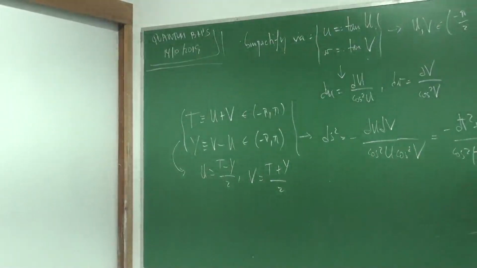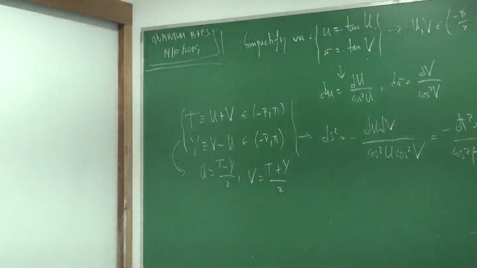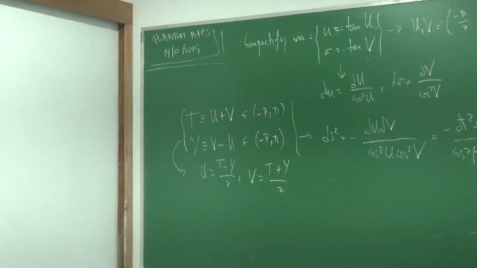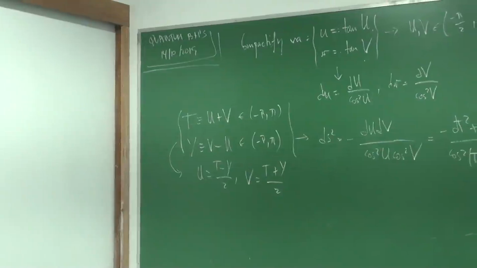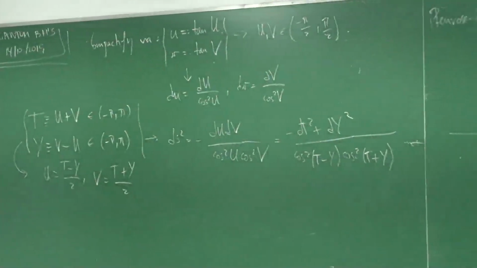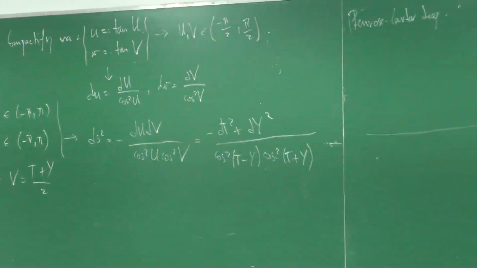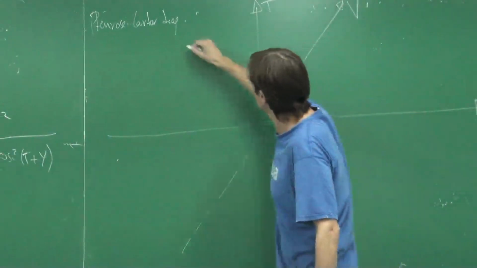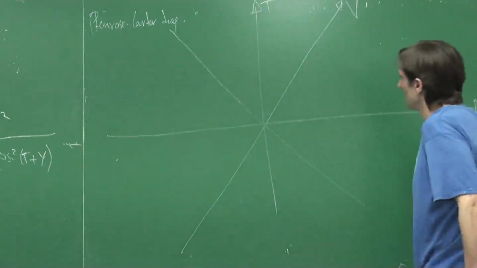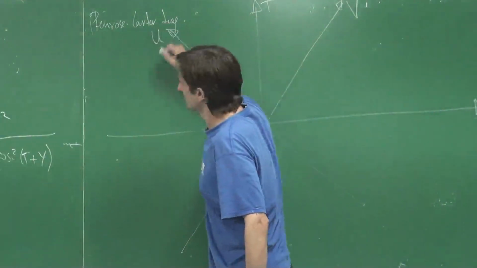It's called the Penrose-Carter diagram. So as I say, capital Y, capital T. Null geodesics, well, if these are T and Y, then these are V and U, just from this.